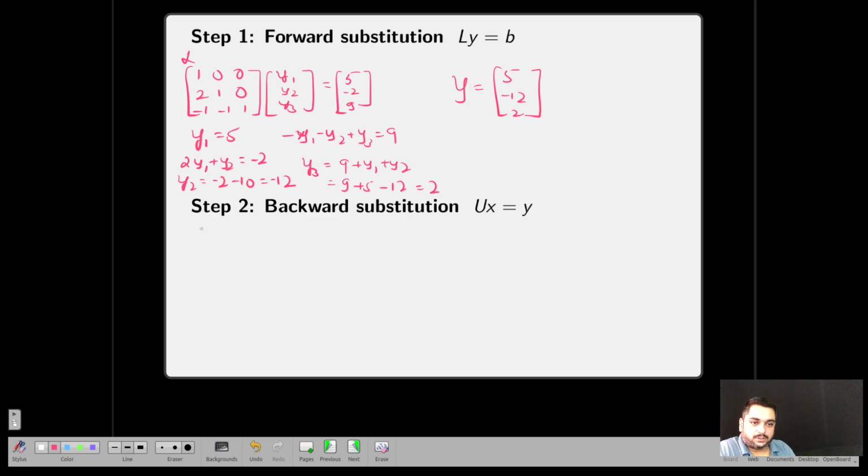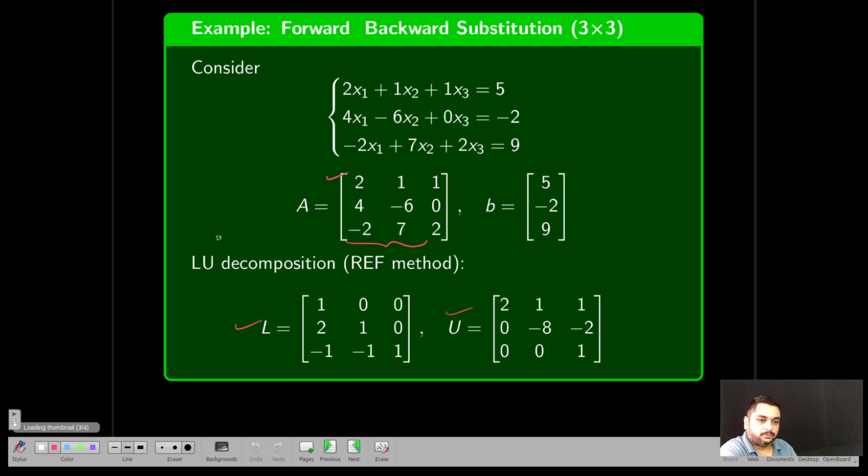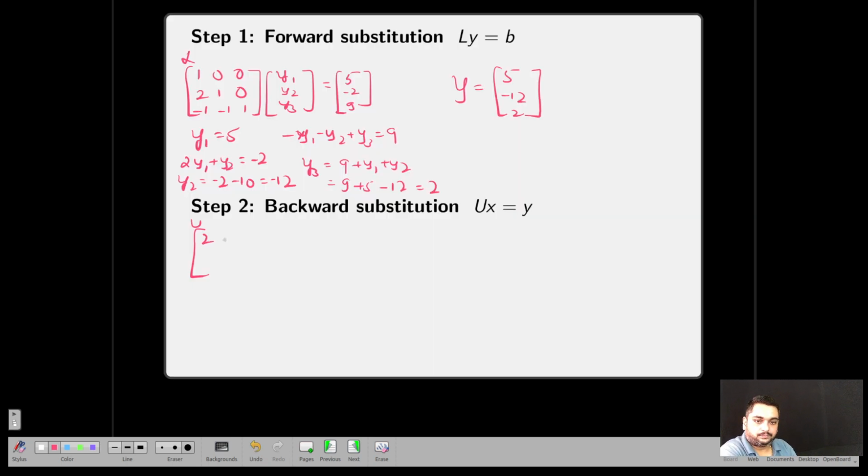Next you find x using backward substitution. The backward substitution Ux: what is my U? 2, 1, 1, 0, -8, -2, and 0, 0, 1, multiplied by my x vector x1, x2, x3. This is equal to y, which we have already found using forward substitution. Now apply backward substitution.